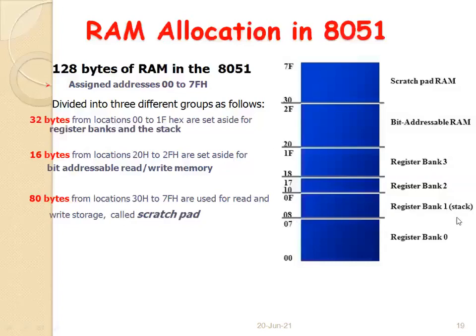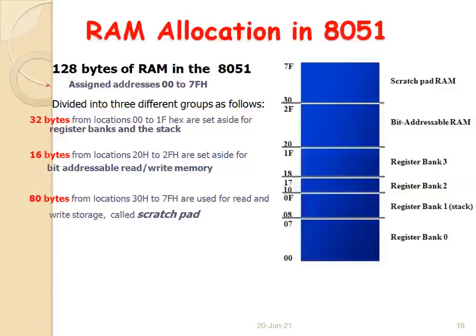So the stack and bank 1 have coincided. Before switching on the device, the reset value of the stack pointer is 07. Whenever I switch on my device, the stack pointer value becomes 08 because it is incremented by 1. So it is just like a critical situation which is appearing now.